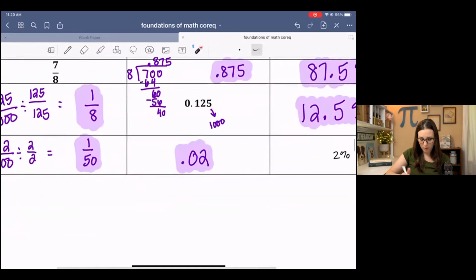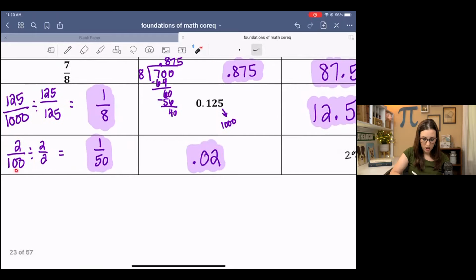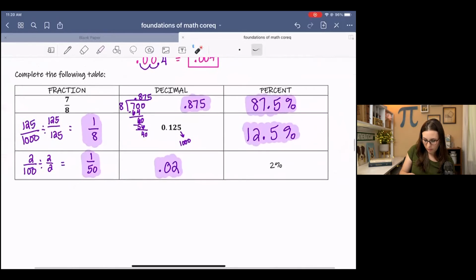Or down here, this has 1, 2 placeholders, so it's over 100. If that helps you, use that. If not, don't. But that kind of helps me when I'm writing it back as a fraction to figure out what it needs to go over in the denominator. And then over here we started with percent, and so we had to move it left 1, 2. That gave us our decimal, which gives us our fraction, reduce, and that's it.